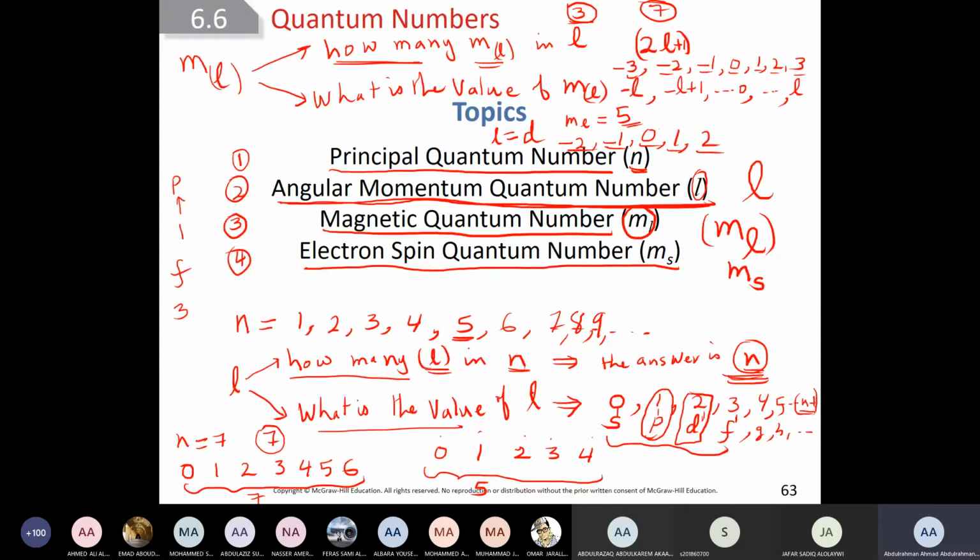And that's how we do the principal quantum number, the angular momentum quantum number, and the magnetic quantum number. You should be able to answer all of these. Now, each ml has another name: we call it an orbital.